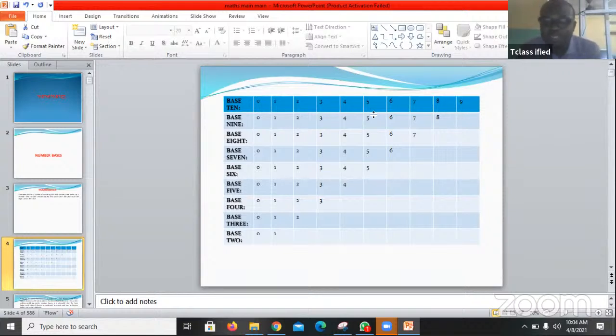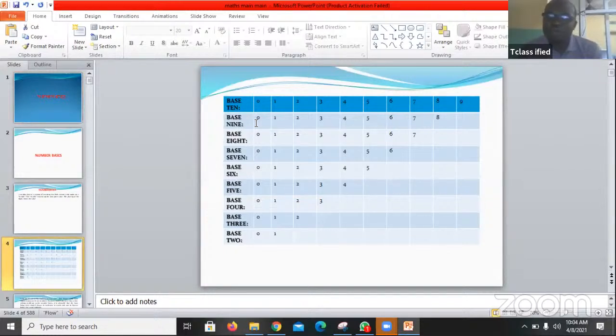You pick 9 here, you pick 5 here, you pick 6 here, then you pick 3 of these 0. You have 956,000. So this is the number base that we use in our everyday counting. Whereas for computer, they use base 2. But apart from base 10 and base 2, there are other ways you can use in counting, and those are the ones that are listed here. Note that in any base you're working in, you don't have that number.